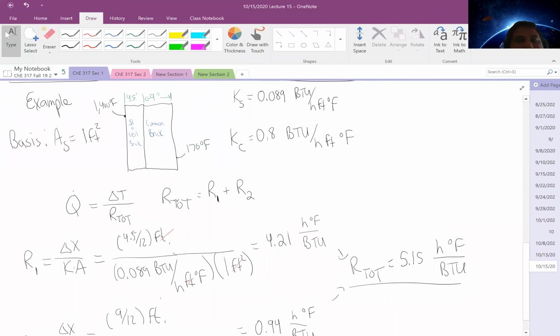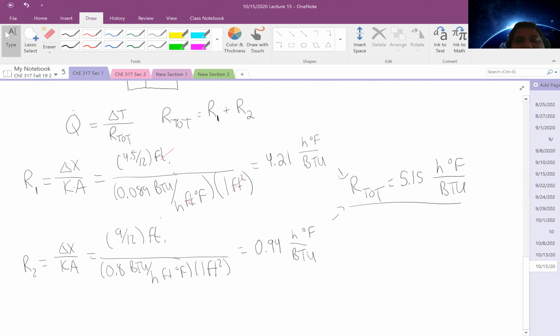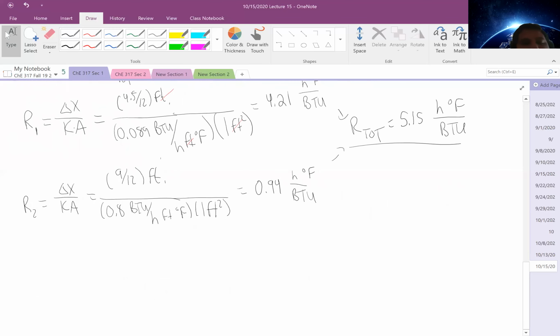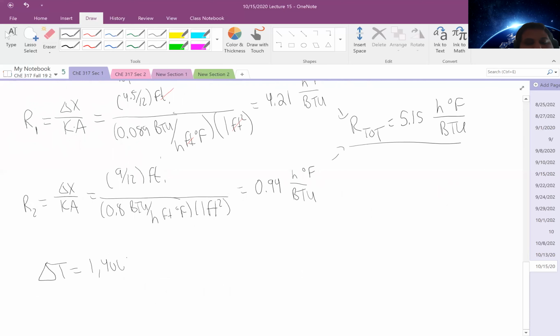All right. So now that we have our total resistance, we can solve for a heat transfer rate because our total temperature gradient is simply 1400 degrees Fahrenheit minus 170 degrees Fahrenheit, or approximately 1230 degrees Fahrenheit.